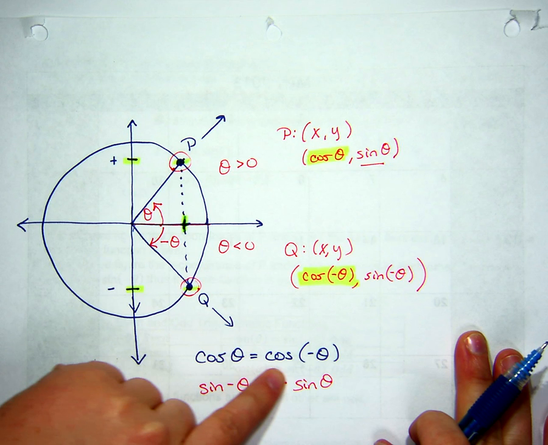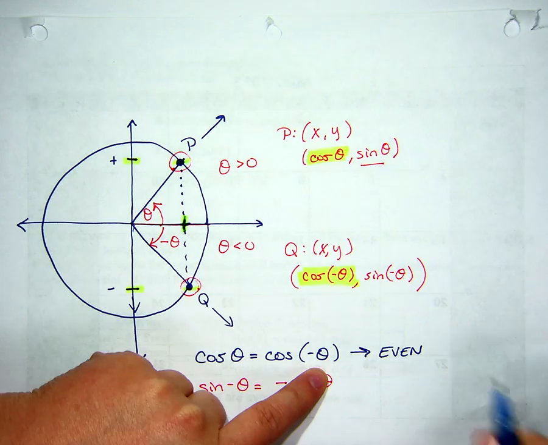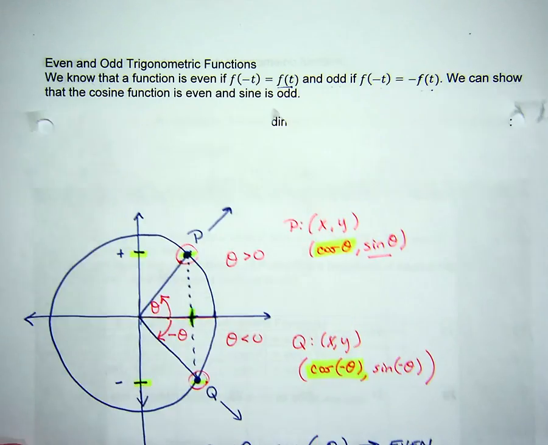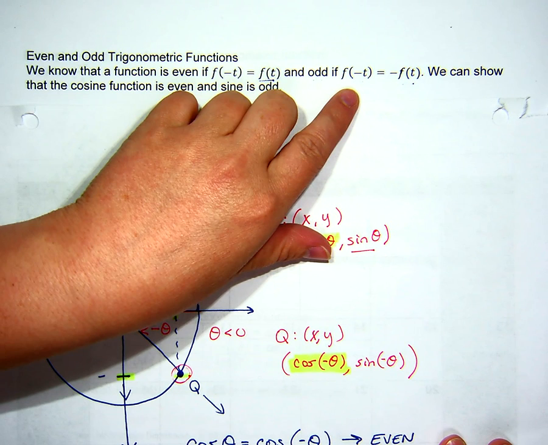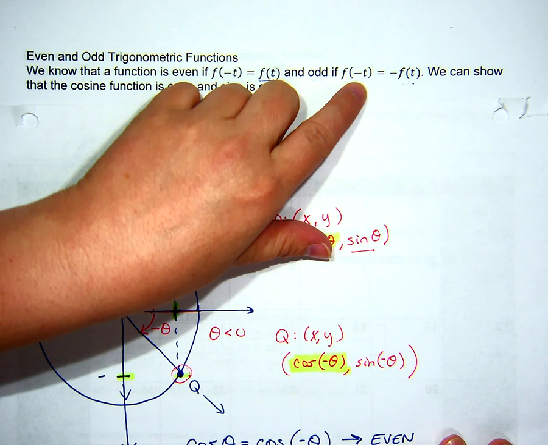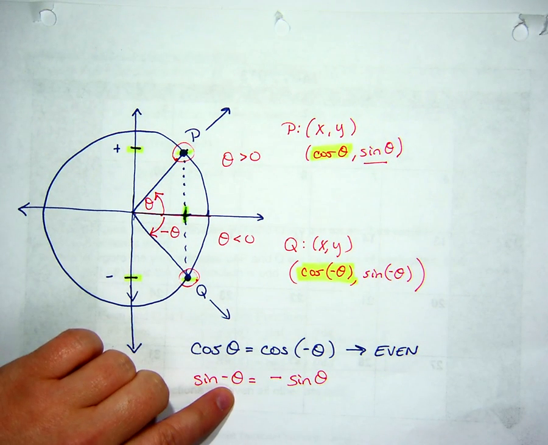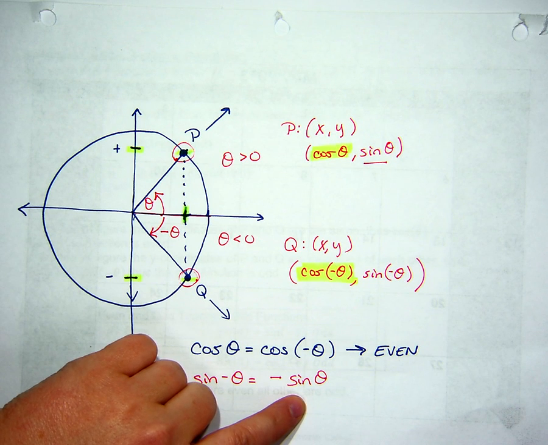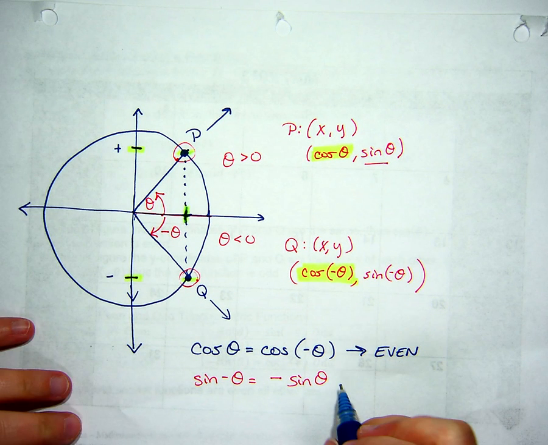This says that cosine is even. Okay, let's look at the other one. For odd, it says the function evaluated at a negative is equal to the negative of the original function. Oh, okay. So the function evaluated at a negative is the negative of the original function. So that means that sine is odd.